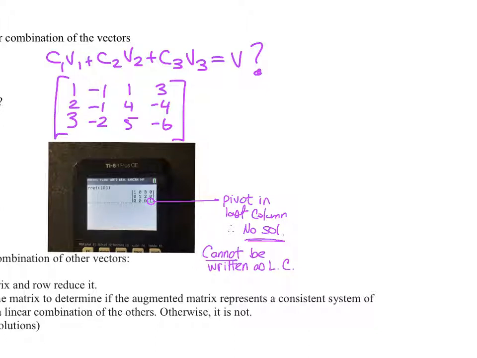In the third row, the first non-zero entry happens in the last column. That's your pivot value. If that pivot happens in the last column, that means there's no solution, because you end up with a contradiction. So what this would equate to in equation form would be 0C1 plus 0C2 plus 0C3 equals 1. Simplify it down, 0 equals 1. Contradiction. Anytime you have a contradiction, it would imply no solution.